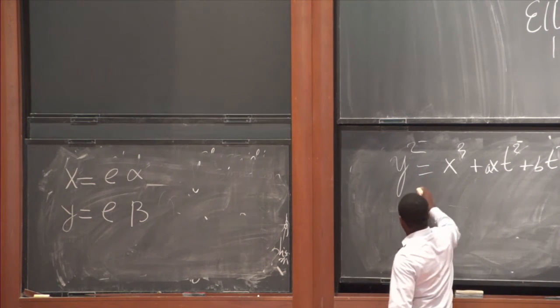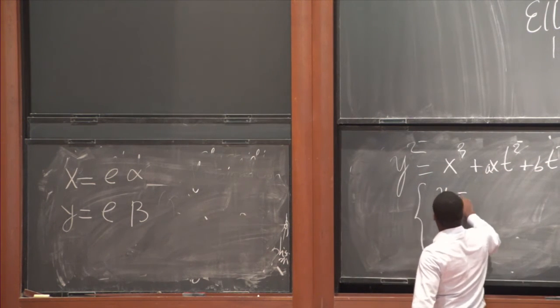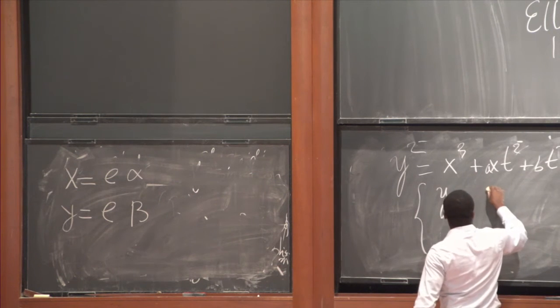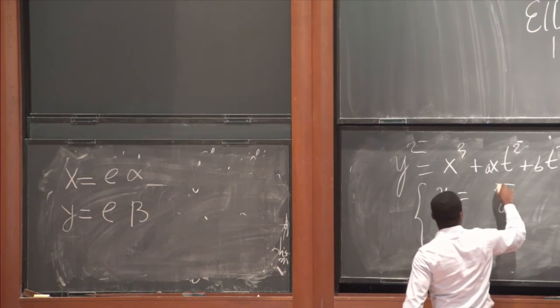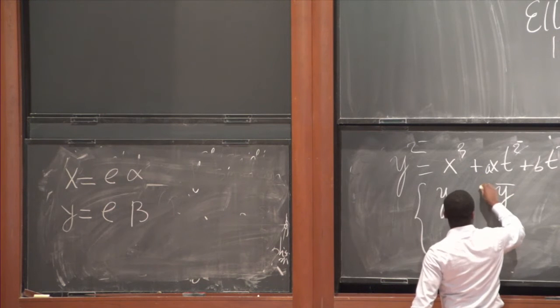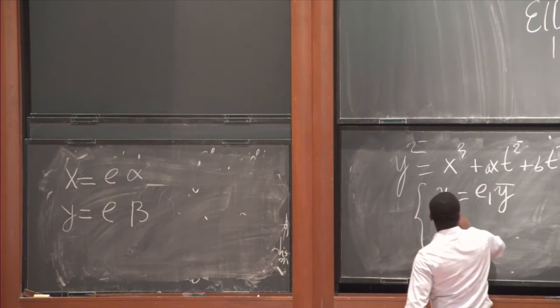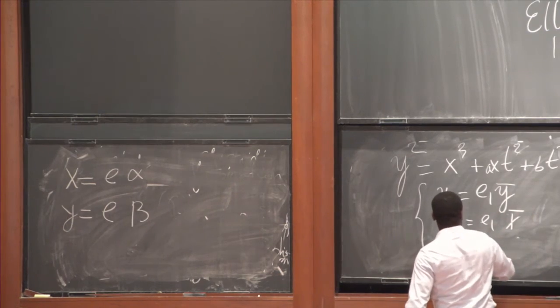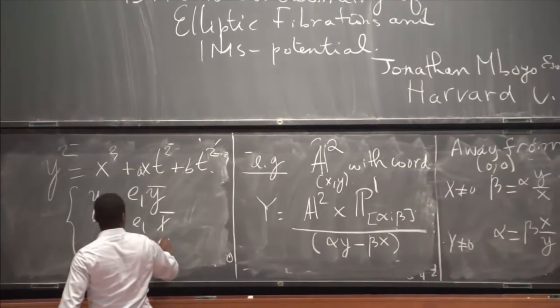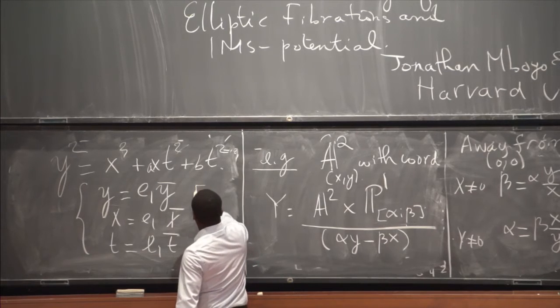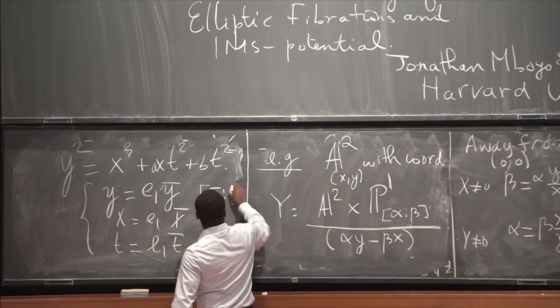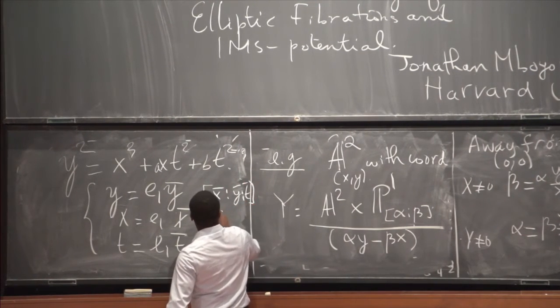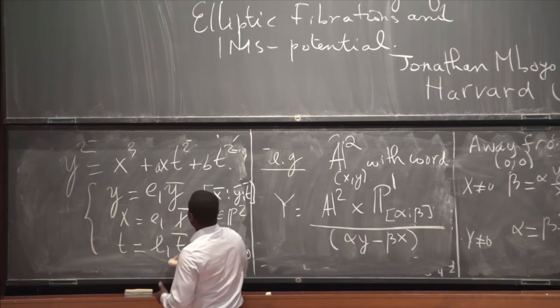And then you rescale the center of your singularity. I'm going to write the new variable with a bar, and the parameter would be E1, with the condition that this free parameter lives in the projective space P2.